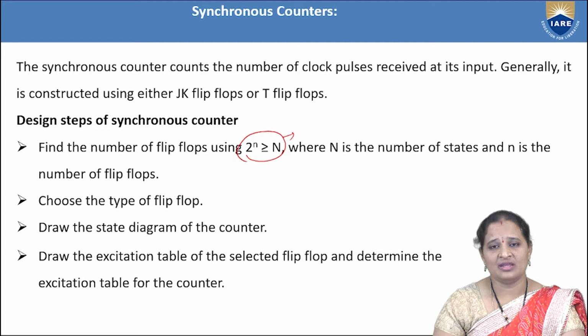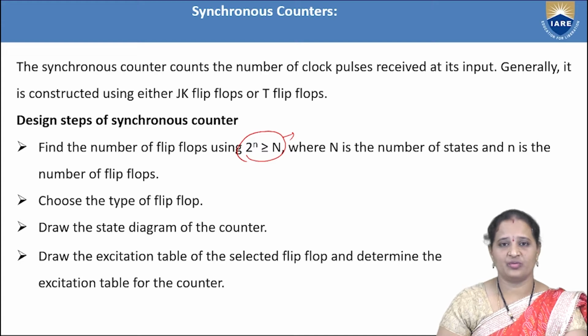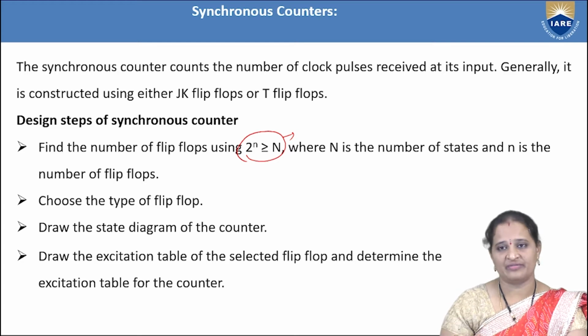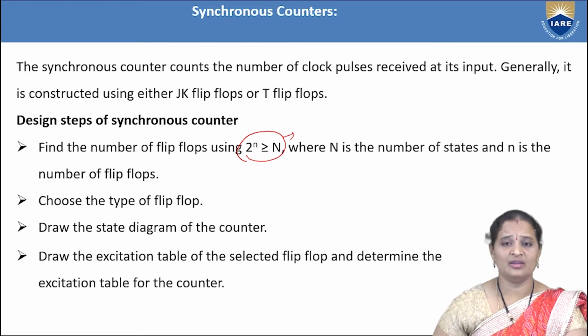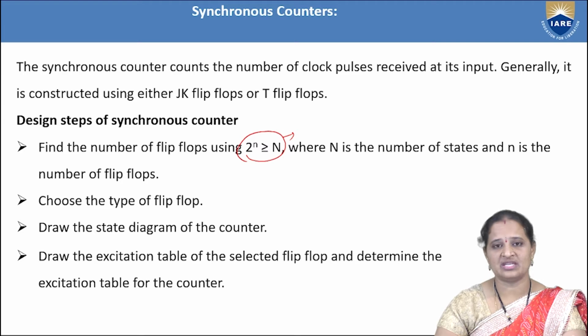Then recall the excitation table of the selected flip-flop. We have already studied characteristic tables and excitation tables. After choosing the required flip-flop, recall its excitation table and determine the excitation table for the counter. What do you mean by excitation table? We consider the present state and next state.